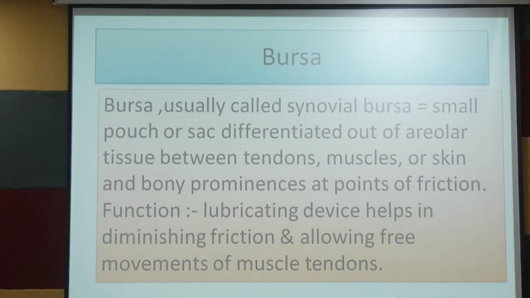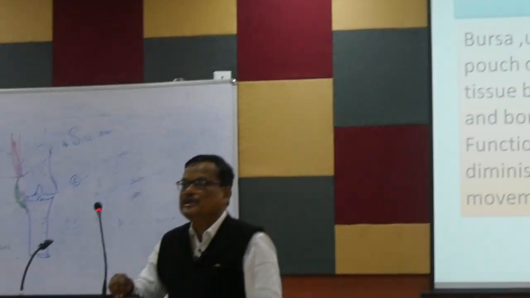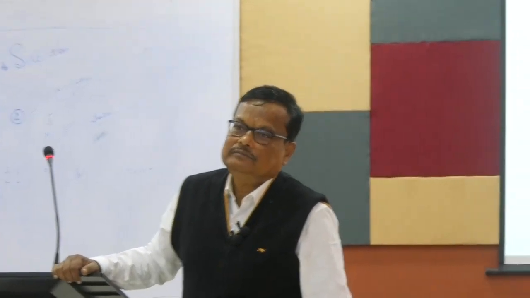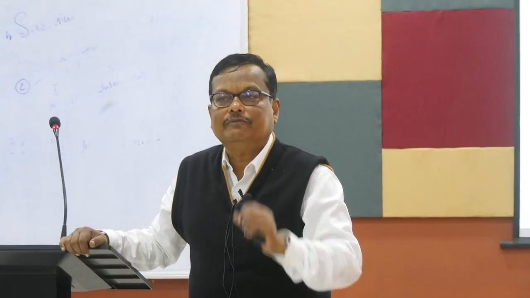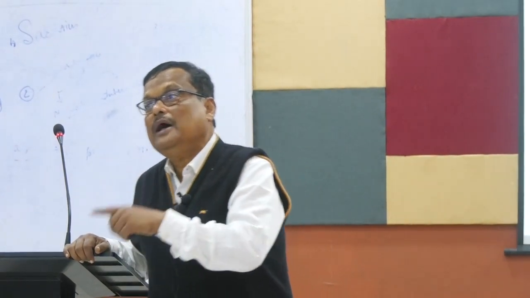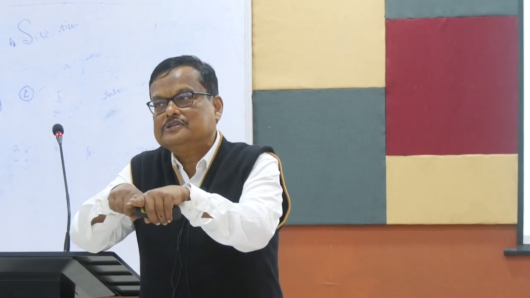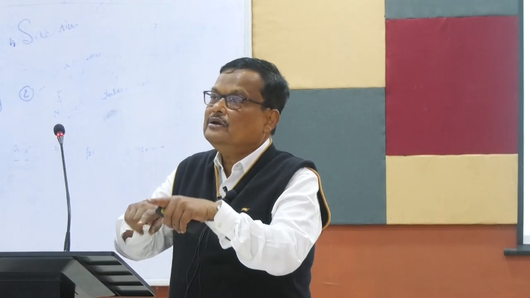I'm just saying it to help you understand. It is actually a rich, slimy fluid like an egg white. Very few cc, very few milliliter, filled pouch or balloon-like sac is there, and these are called bursa. Whenever there is a chance of friction between the tendons and the bone, between the tendons with the other tendons, দুটো tendon পাশাপাশি যাচ্ছে, there is a chance of friction between the tendons and the muscle.